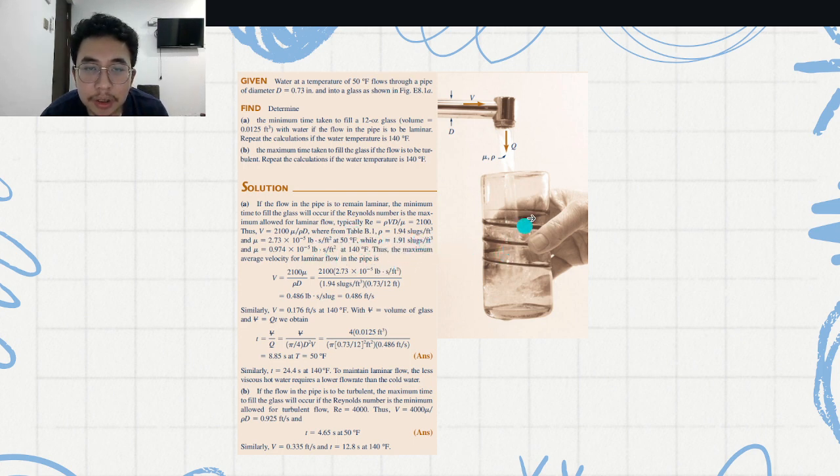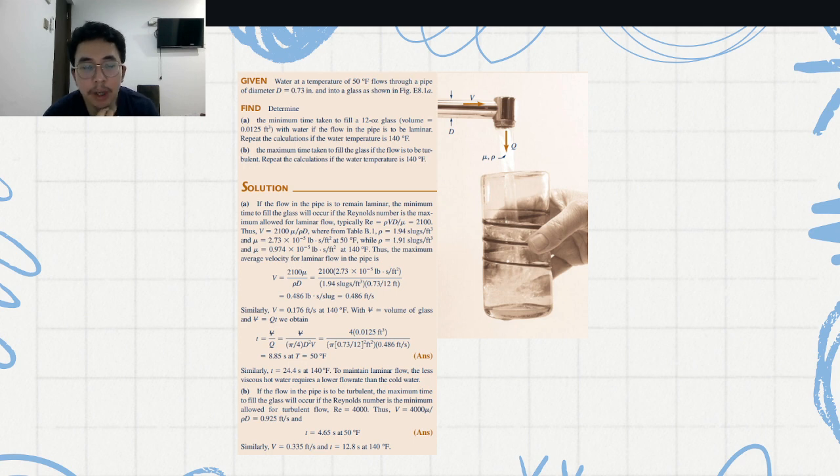Then we get the density as 1.94 slugs per cubic foot, and the dynamic viscosity is 2.73 times 10 to the minus 5 pounds times s per square foot at 140 Fahrenheit.